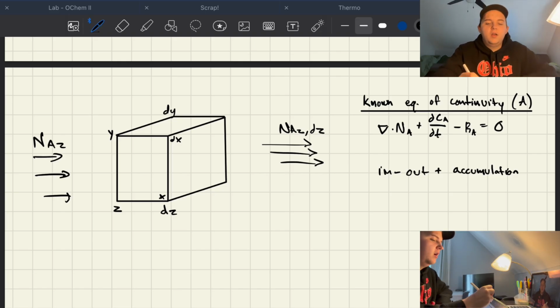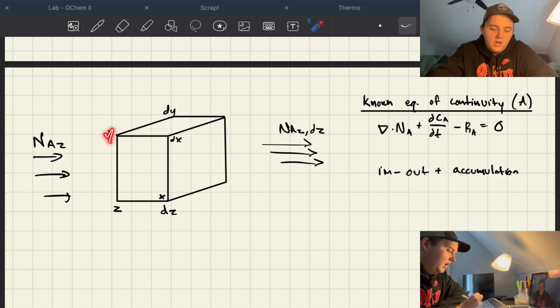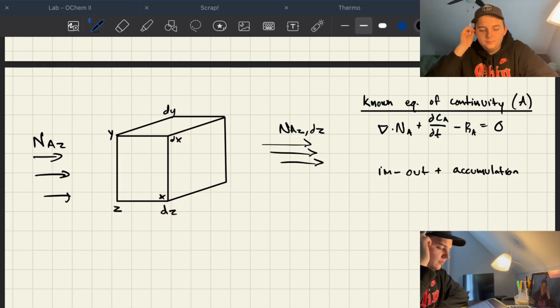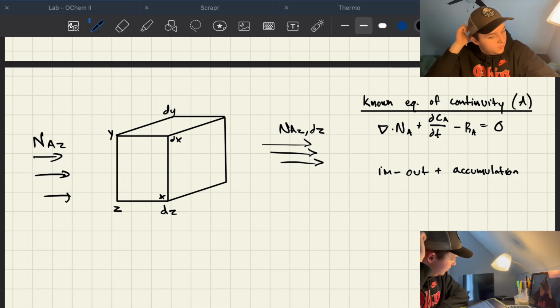We have our x dx, y dy, and z dz in our 3 directions. And then over on the left we have our N_Az, and on the right we have the same but at z plus dz.